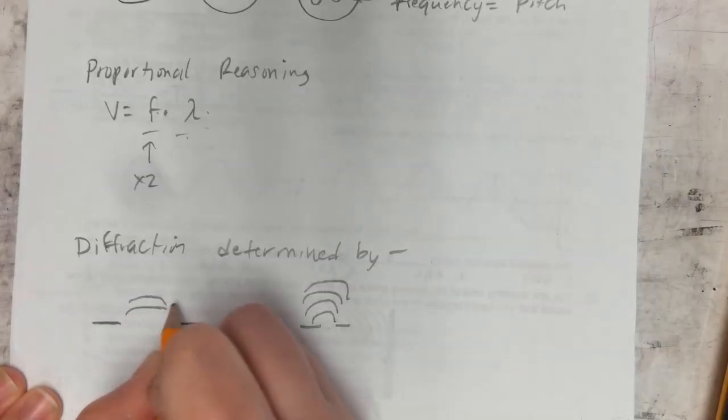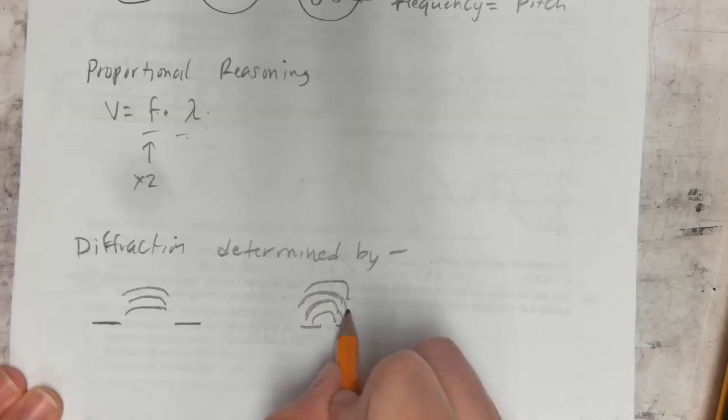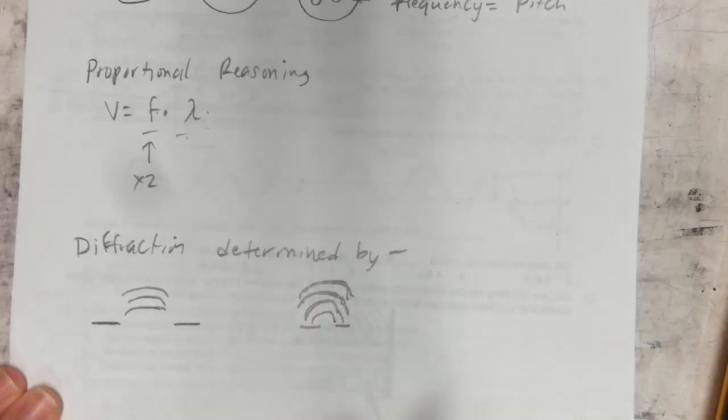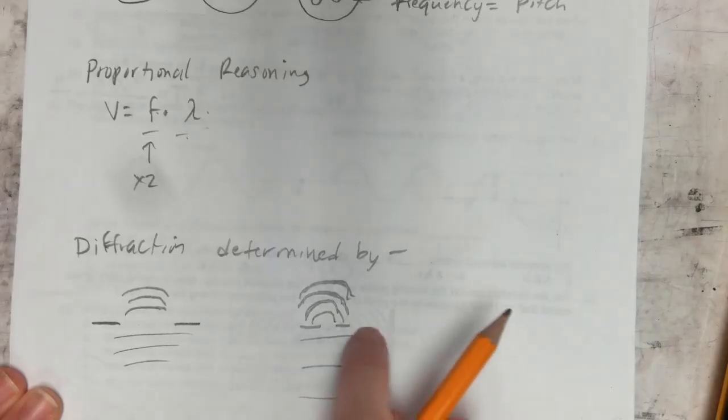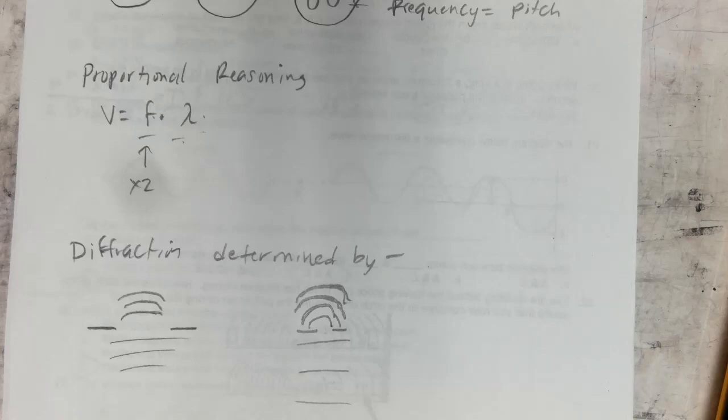You're going to have a lot less noticeable diffraction. So you're going to have more curvature of those waves over here. The other thing is wavelength. If the waves entering have a longer wavelength, your diffraction is going to be more noticeable than with a shorter one. So this would diffract more than this as well. So again, those are the different factors that affect the amount of diffraction you see.